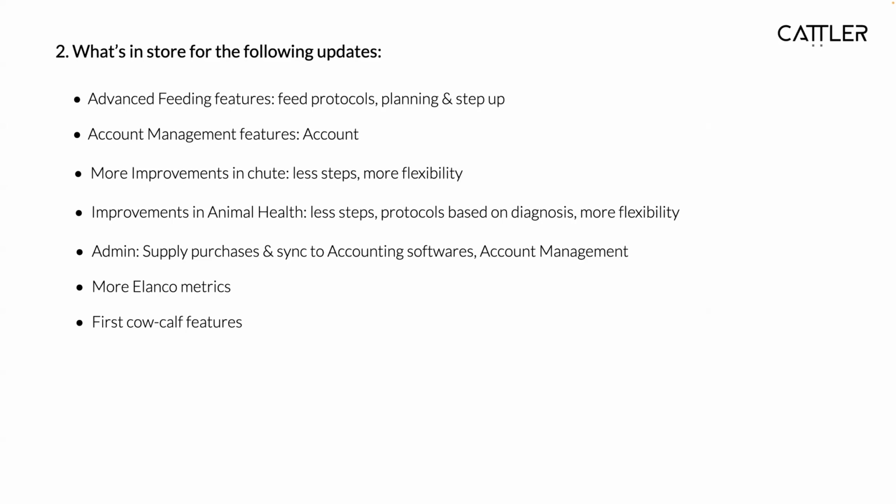And then we will also have the first cow-calf features. We have a good number of farms working with us that are grow yards or even cow-calf operations or full cycle.